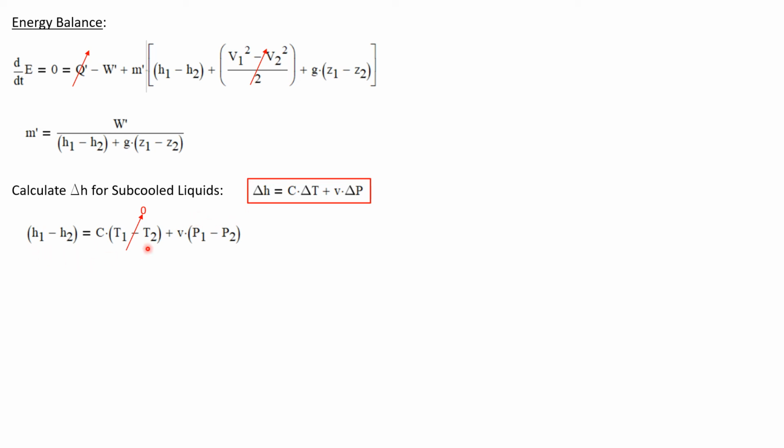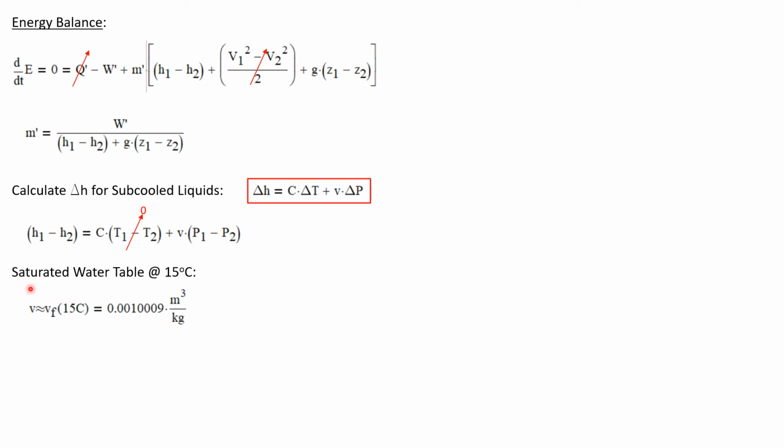So let's expand that. We have h1 minus h2. It's just the specific heat of the liquid times T1 minus T2. But in our case, T1 equals T2. So T1 minus T2 becomes 0. And that leaves only in this expression v delta P, or v times P1 minus P2. Well, we know the pressures, but we don't know the specific volume.